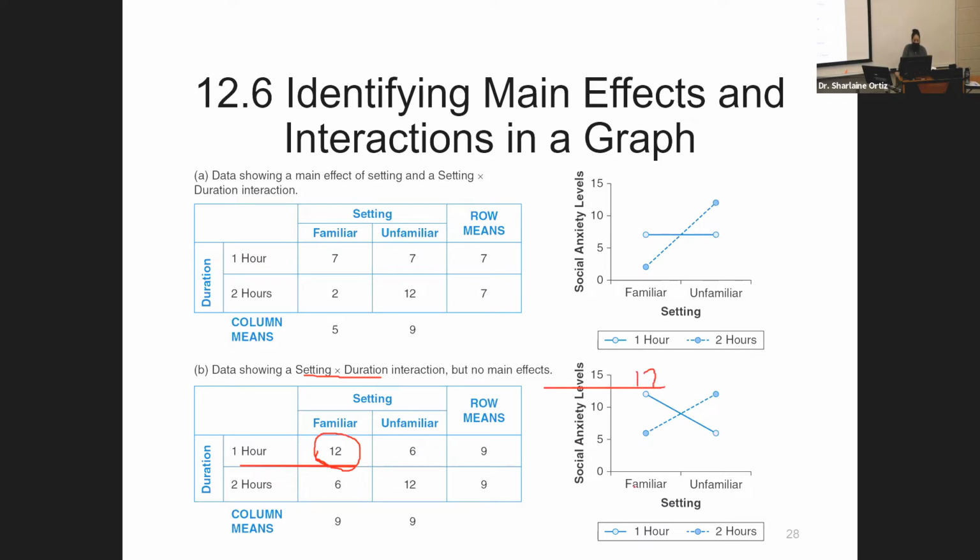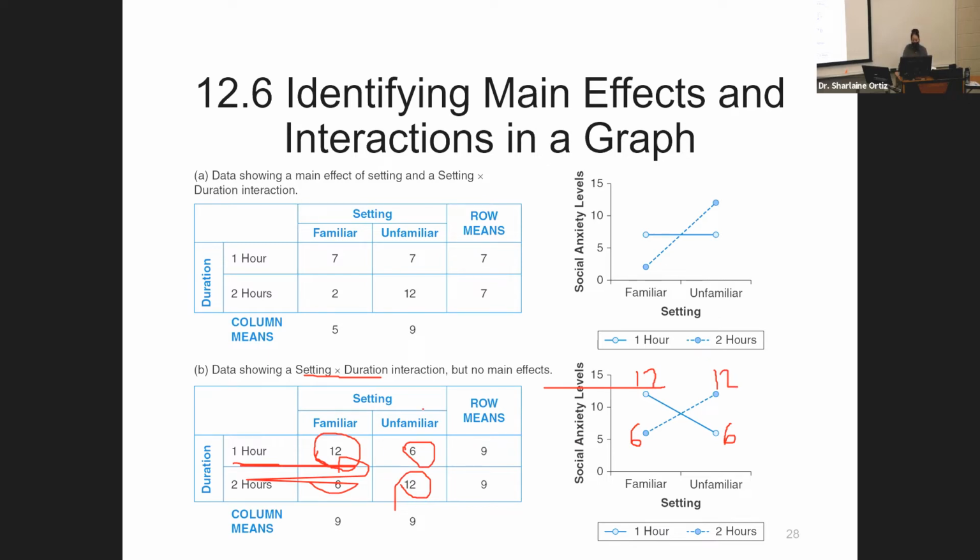Notice that if we keep along with the next sample, for 2 hours, the reported anxiety was 6. We revert back to an unfamiliar setting for an hour. Notice that this individual provided a score of 6. And in an unfamiliar setting for 2 hours, the person reported a score of 12.